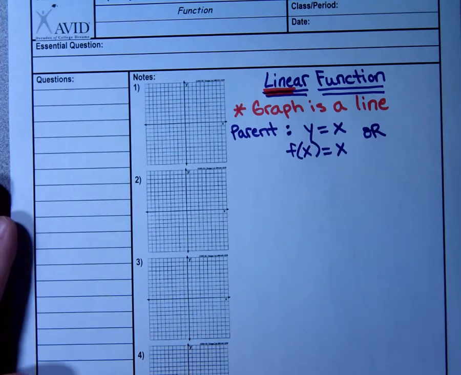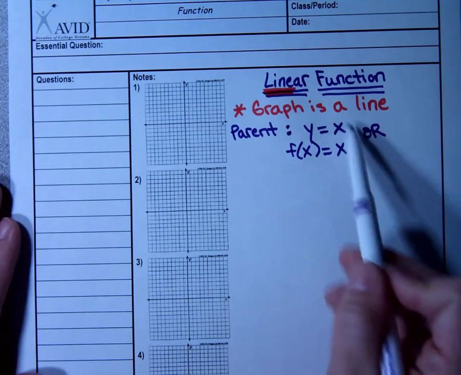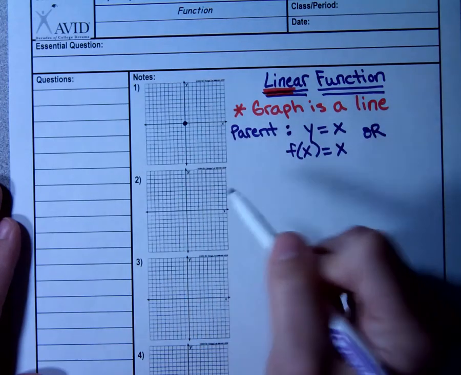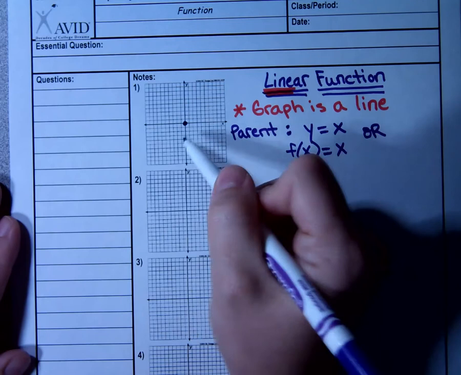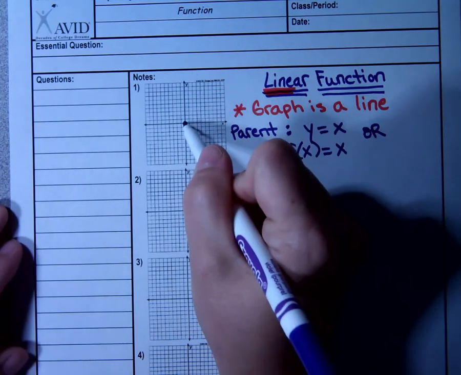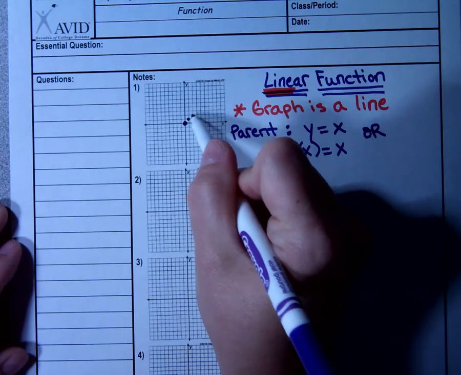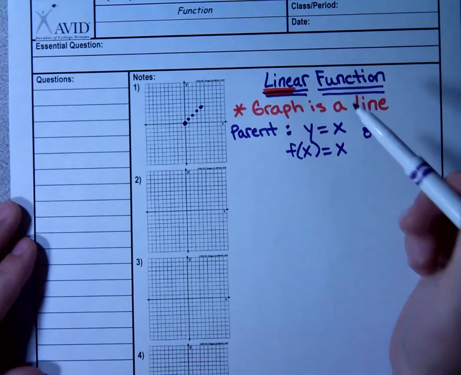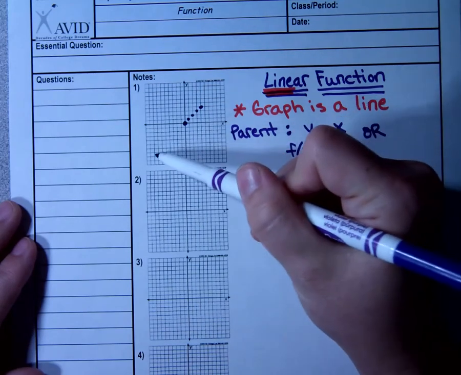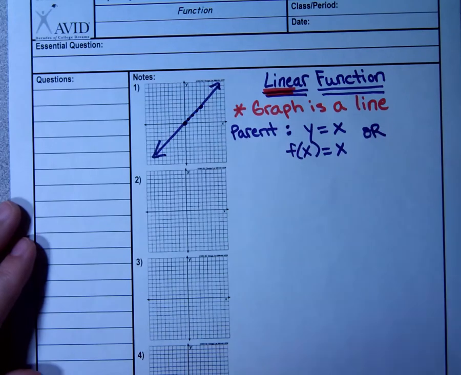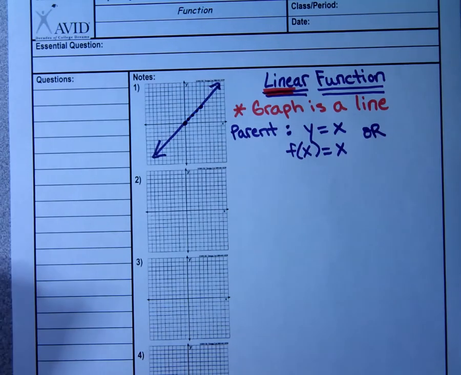So let's go ahead and graph our linear parent function, which has an equation of y equals x. So it goes through the origin, 0, 0, and then the slope is 1, and we'll talk about slope later in the year, but that means the graph goes up 1, right 1, up 1, right 1, etc. And then I can connect these dots with one straight line, and that is an example of a linear function.